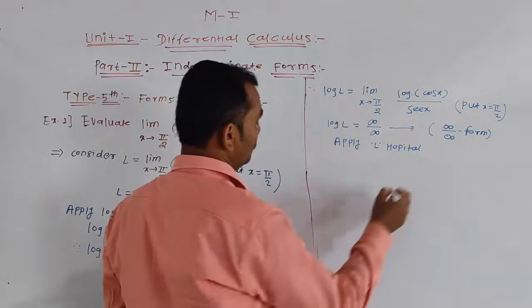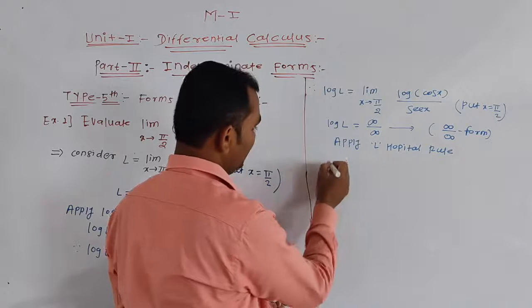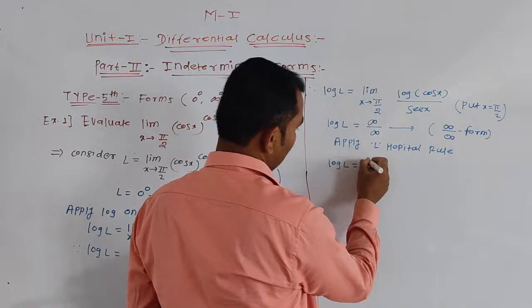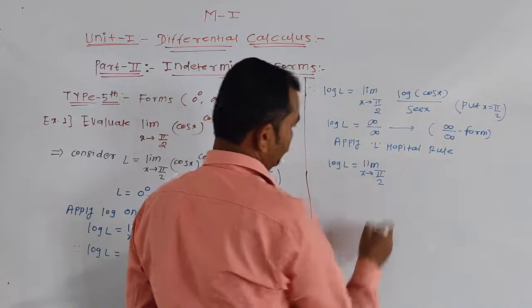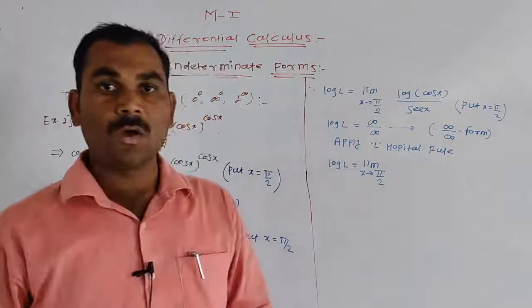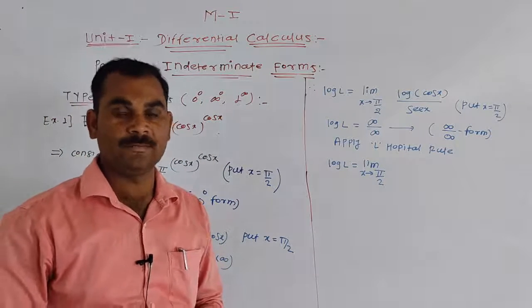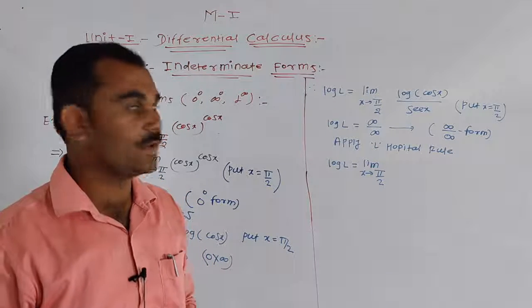L'Hopital rule. So tell me, what will remain here? log of L is equal to limit x tends to pi by 2, derivative of log of cos x. We know that the derivative of log f of x is 1 upon f of x into f dash of x.